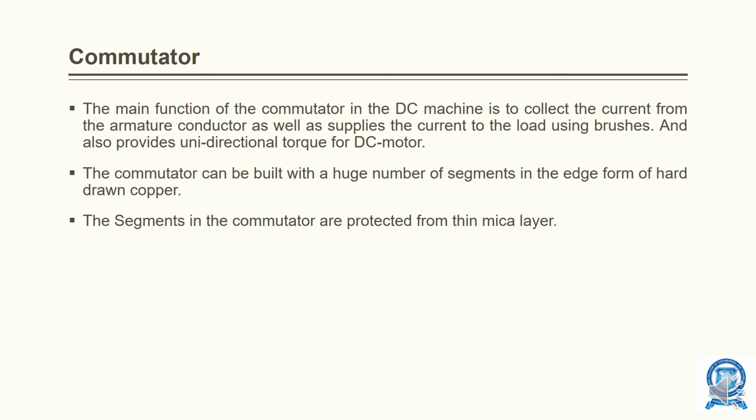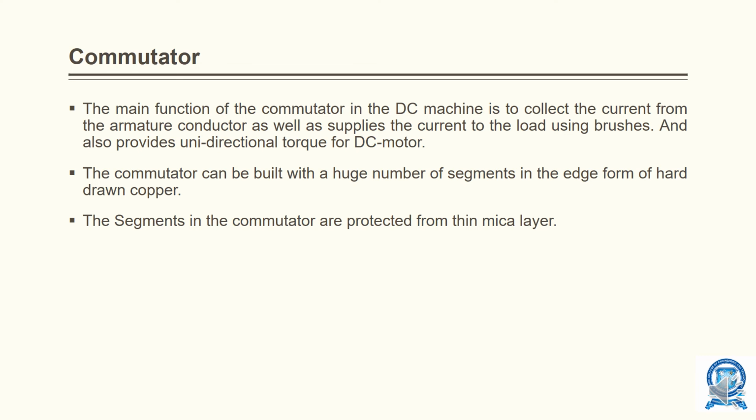Commutator. The main function of the commutator in a DC machine is to collect the current from the armature conductor as well as supply the current to the load using brushes. It collects the current from the armature winding and provides it to the load, and also provides unidirectional torque for a DC motor.